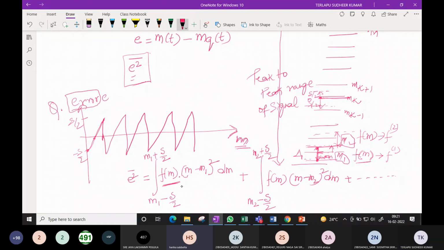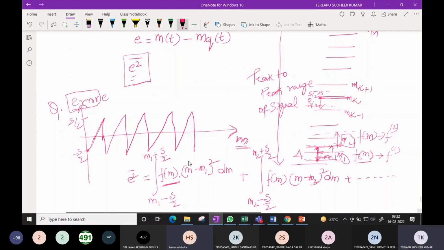Okay. So the mean square quantization error is integral m1 minus s by 2 to m1 plus s by 2 f of m minus m1 whole square dm, plus integral m2 minus s by 2 to m2 plus s by 2 f of m minus m2 whole square dm, plus so on up to the last level. Fine.